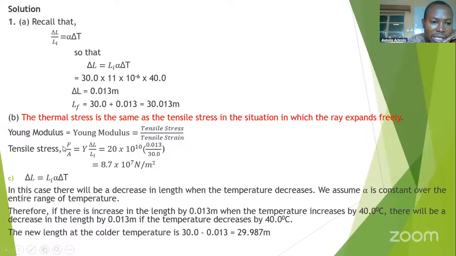So when I cross multiply, tensile stress, which can also be calculated with force over area, is equal to the Young modulus times the tensile strain. So just multiply Young modulus times tensile strain. The Young modulus is given to be 20 times 10 to the power 10.